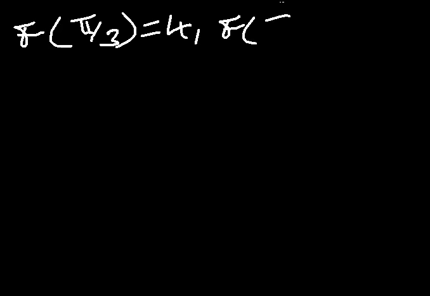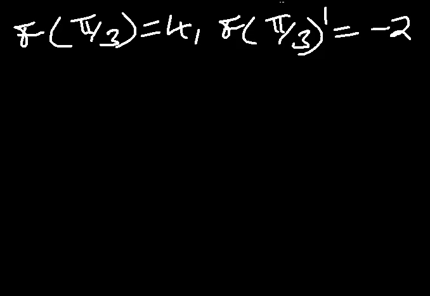Let's say we have f of pi over 3 given as 4, and also f prime of pi over 3 given as -2.